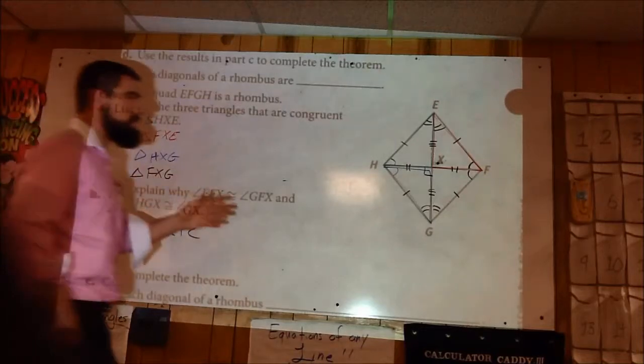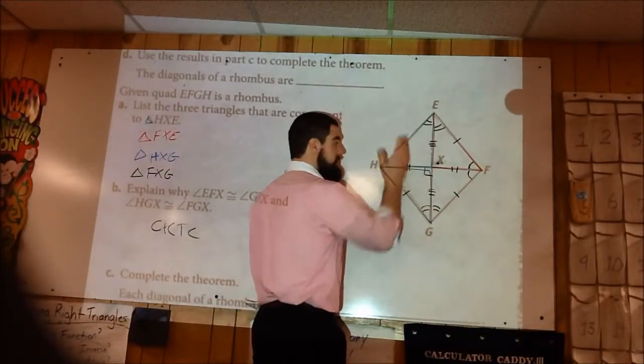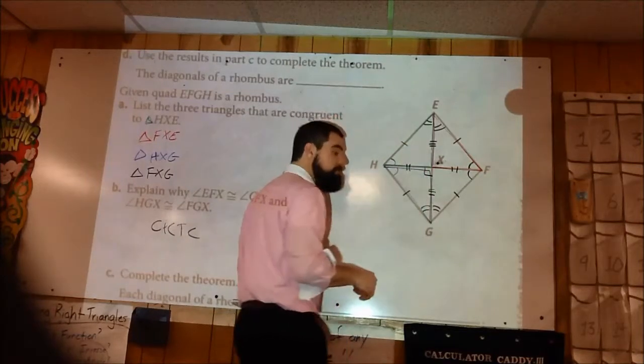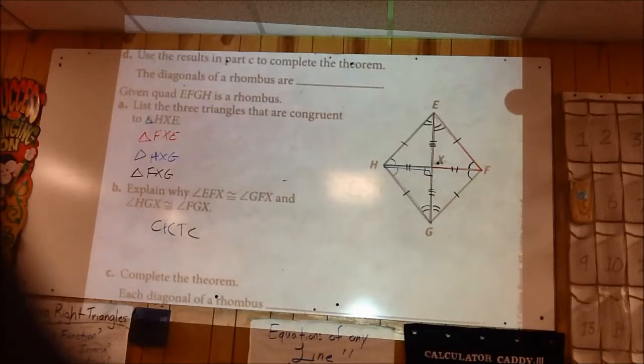But the ones that are unique to a rhombus: four congruent sides, diagonals are perpendicular, the diagonals also bisect the opposite angles. Good?